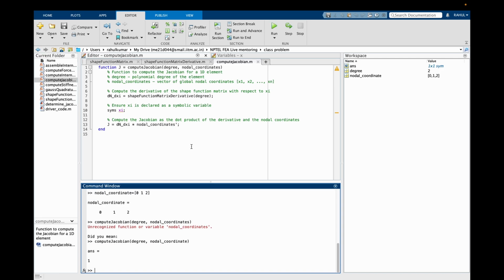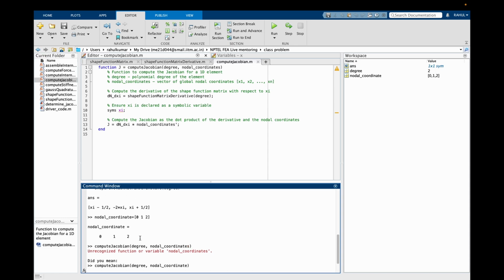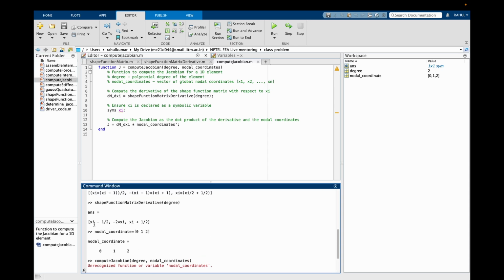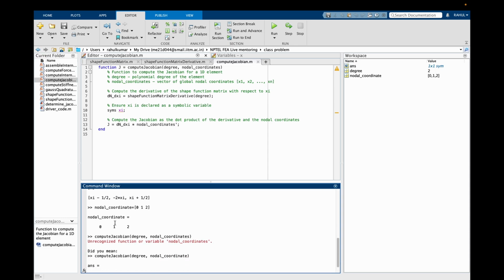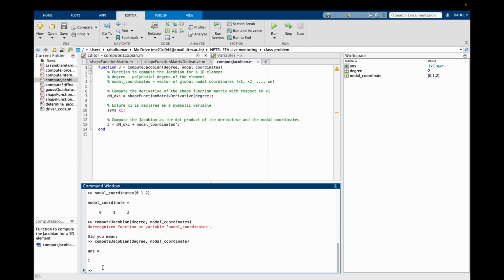See, this is the Jacobian. When you do the dot product with 0, 1 and 2, this part will become 0, here it will become -2, and when you multiply with 2, the two terms will cancel out, then 1 will come. So that's why this Jacobian will become 1.